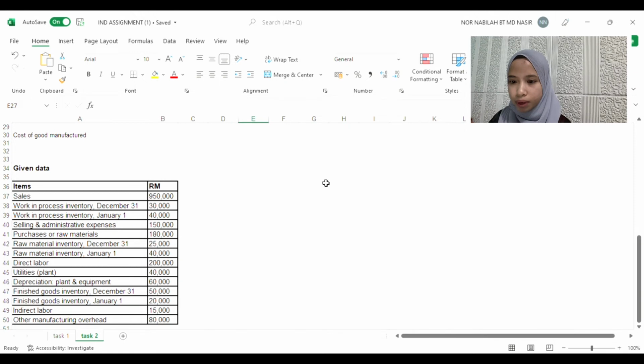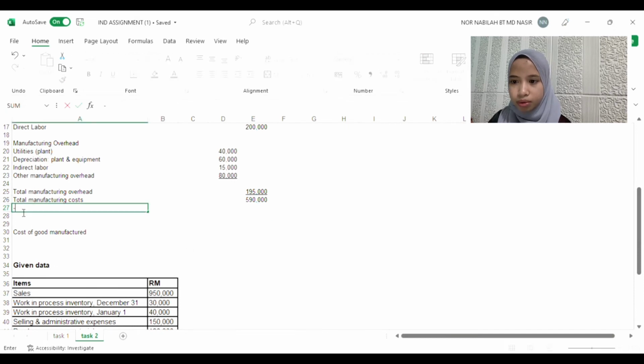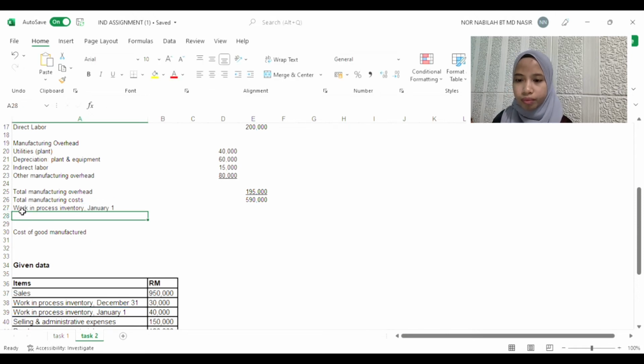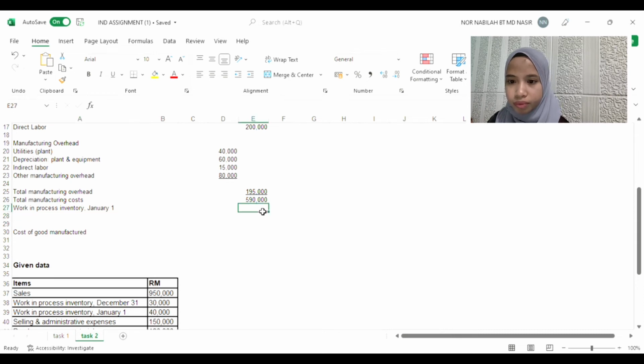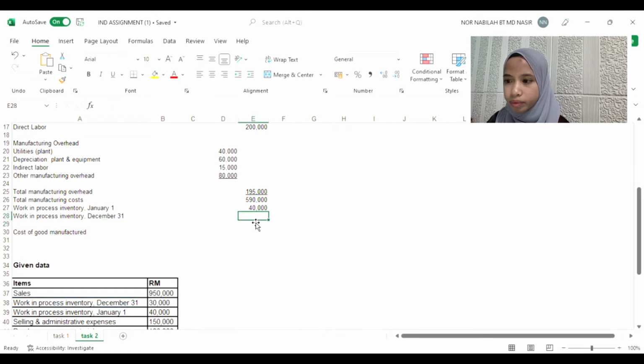So to find cost of goods manufactured, we start with total manufacturing cost, and then we look at the given data, work in process inventory. Work in process inventory for January 1 is 40,000, and work in process inventory for December 31 is 30,000.